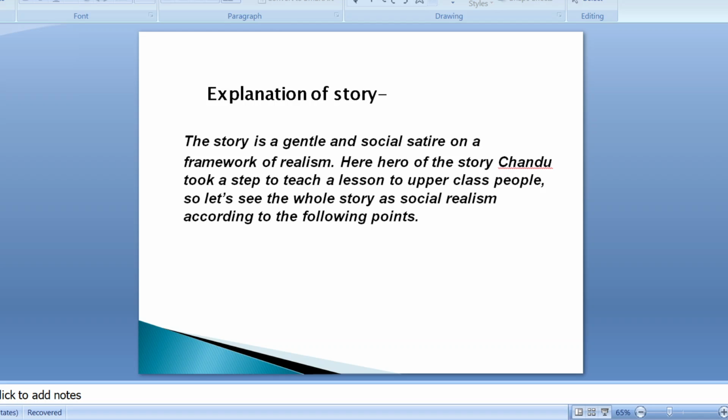Here, the hero of the story, Chandu, took a step to teach a lesson to upper class people. So let's see the whole story as a social realism according to the following points. Here we need to understand this story according to the points.